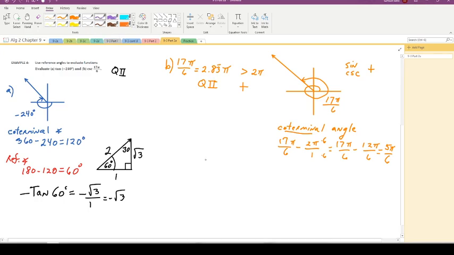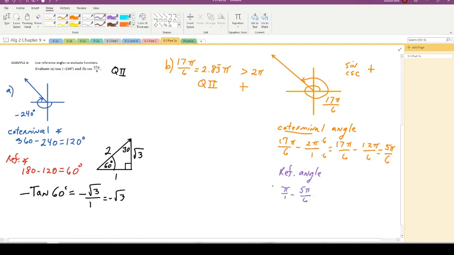The reference angle, remember, we're in the second quadrant, so we subtract from pi over 1 minus 5 pi over 6.